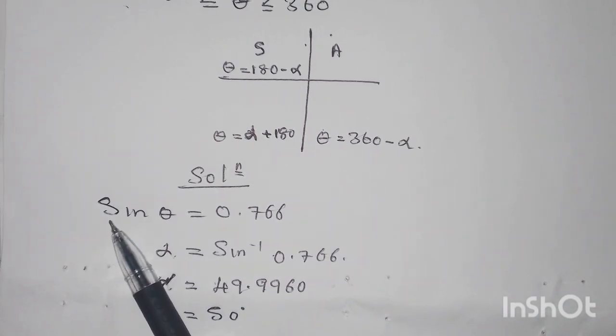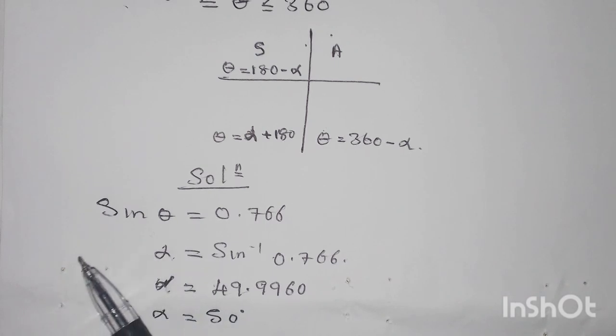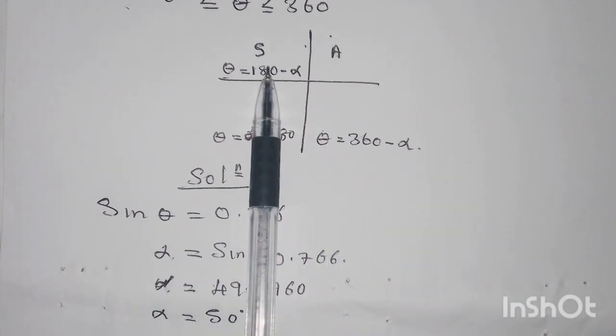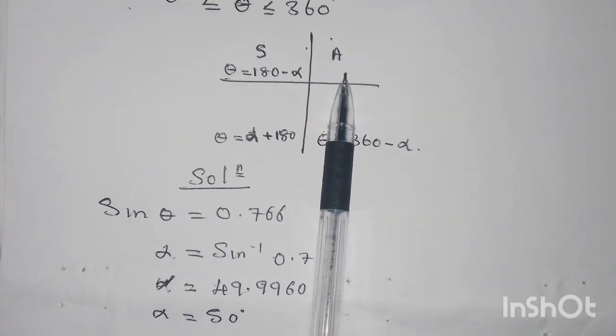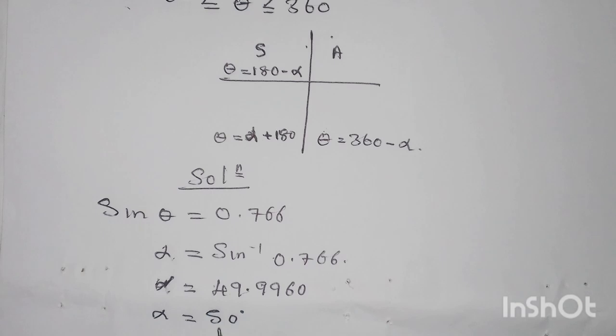Then you are going to ask yourself, in which quadrant is sine positive? Sine is positive in the second quadrant and the first quadrant. For the first quadrant is where we get our reference angle, which is 50.